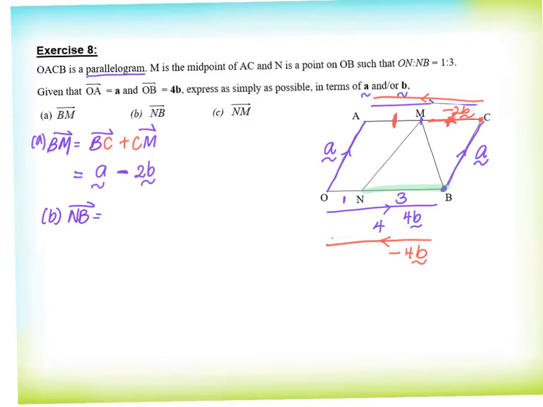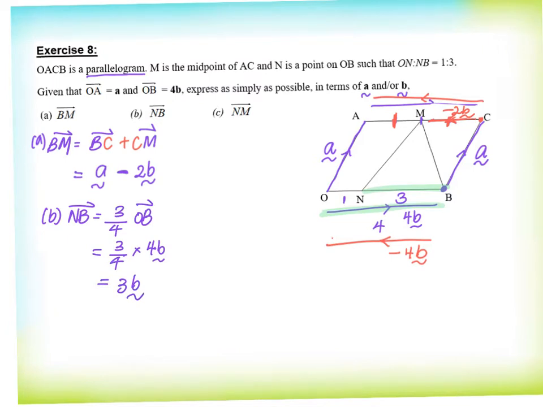It's only 3 units out of a total of 4 units of B. So if this is 4 units, then it will be 3/4, 3 out of 4 units of the vector OB, 3 out of 4 of the vector 4B. So therefore, NB will be 3 units of B.